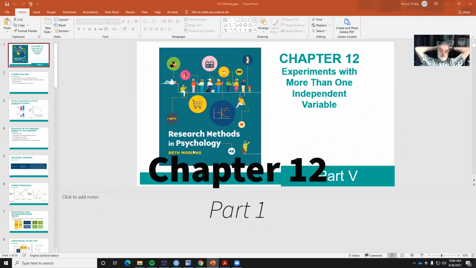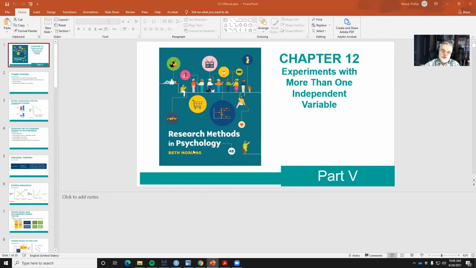Chapter 12, just to start out a little bit, talks about the case where we have more than one independent variable. And actually, the idea of having a lot of independent variables is really the majority of what we do in psychology.